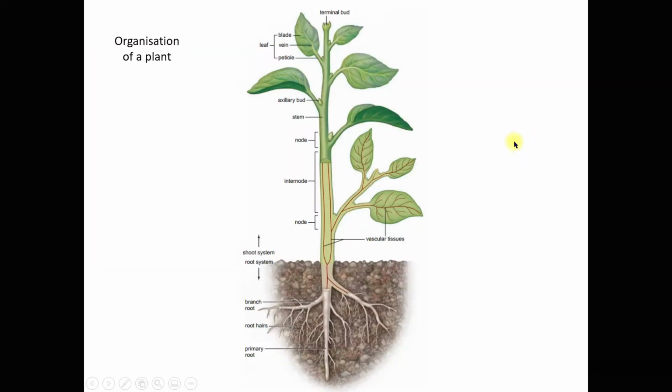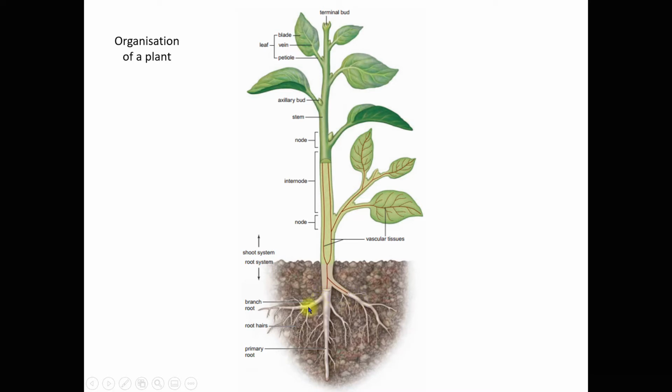Alright, now basically this is the organization of a simple plant. Okay, it has the shoot system and the root system. Now when it comes to the root system, this is the primary root, the akar utama. You can see there are branches of root here.